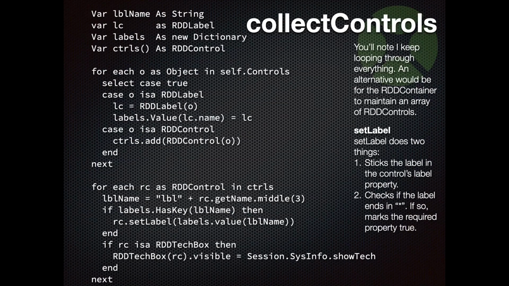The label is the value, and the key is the control's name. And if it's a control, we stick it into an array.